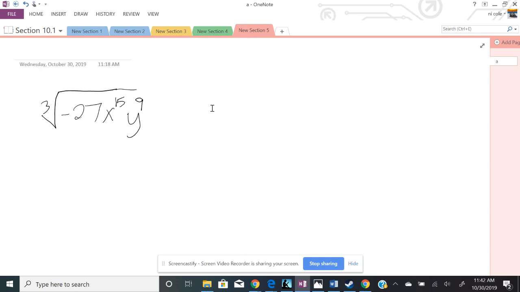So another example, what is the cube root of negative 27? And that comes out -3. And then I would have x to the 15 divided by 3 and y to the 9th divided by 3. So you would have negative 3 x to the 5th and y to the 3rd.